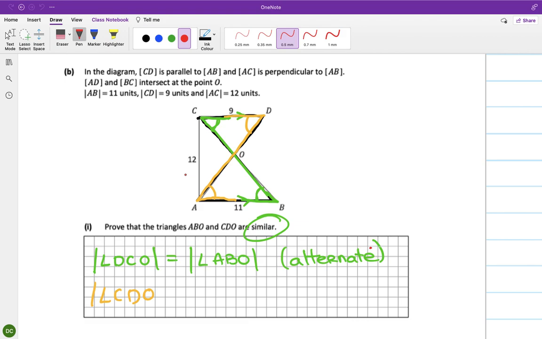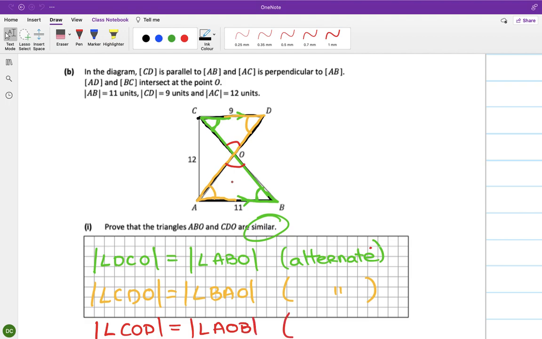And then the third angle, so to prove that all the angles are the same, is going to be the one in the middle here. So I can do this and this. So I can say that angle COD equals angle AOB.